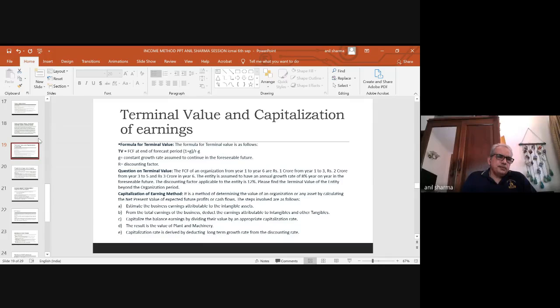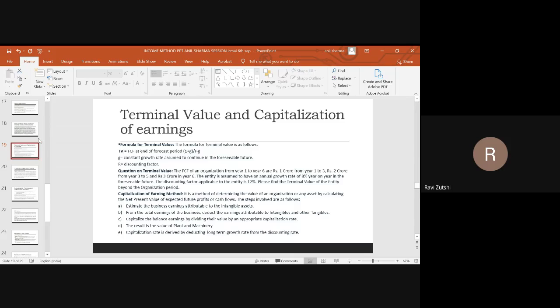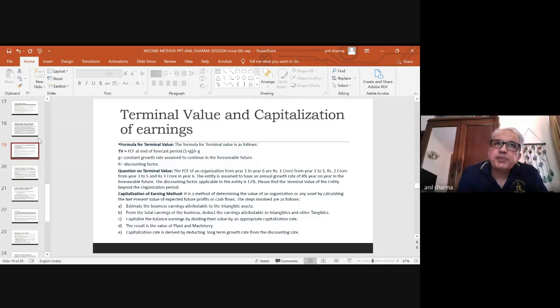As a plant and machinery valuer, how will this methodology of income approach help? I feel this income approach is suitable when you go for the business valuation of an enterprise. So how will it be helpful for a plant and machinery valuer in carrying out the valuation of plant and machinery and other assets?